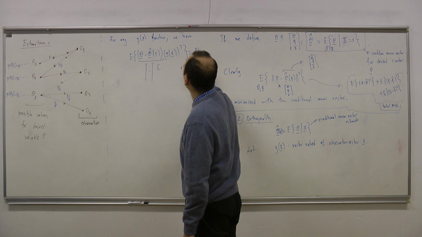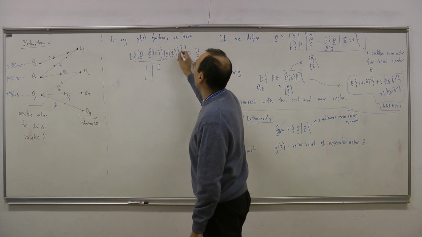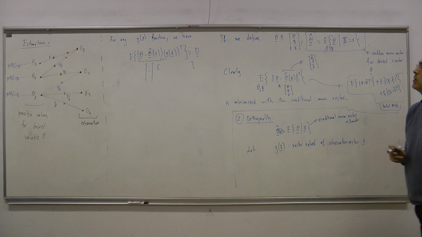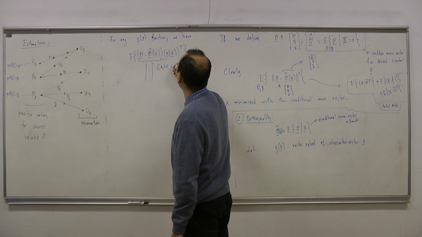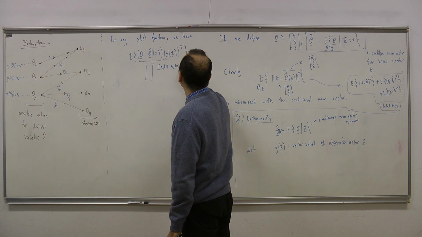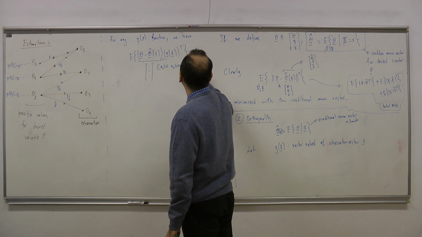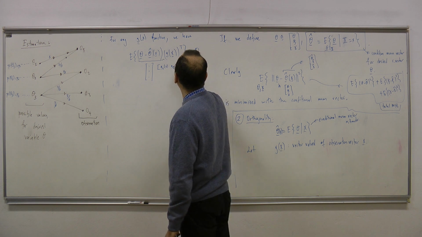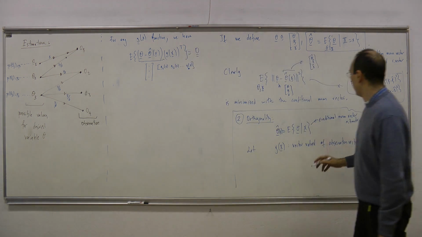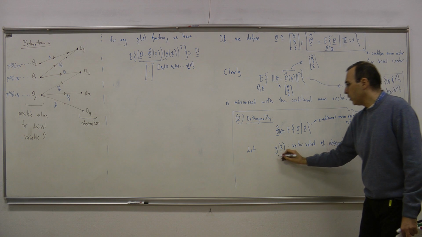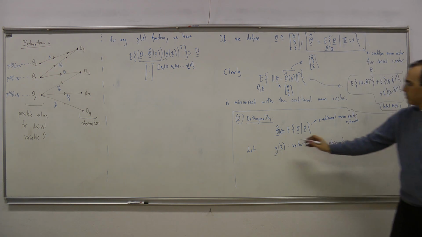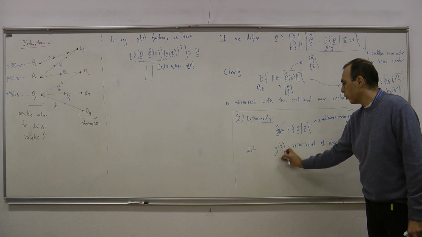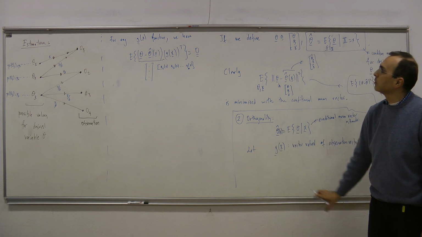Now I have an observation processed by this g function. So this g function must be g1 of x, g2 of x, up to gm of x. So this is a vector valued function. Actually g is also a vector. It takes a vector as an argument and results in a vector.